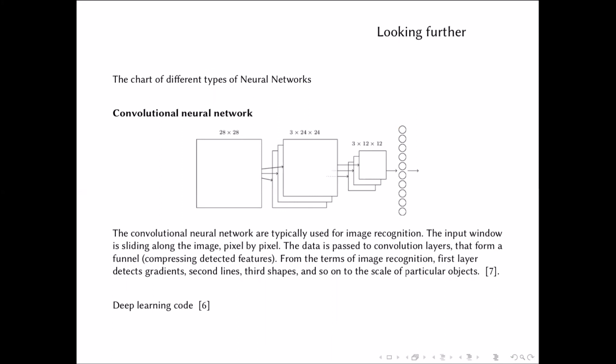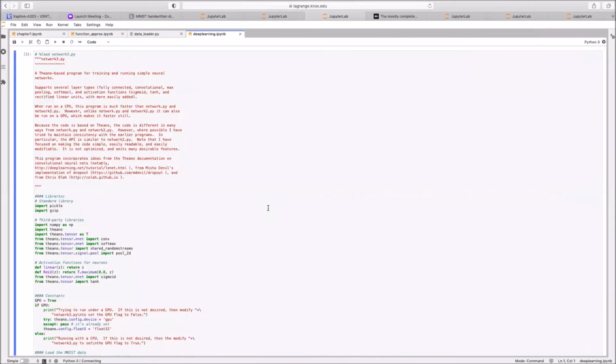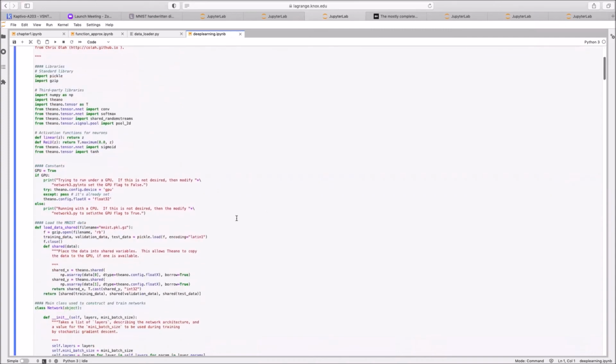So here is the code for the deep learning. It's also provided by the author, but I just want to show how powerful deep learning can be, and how good the accuracy is. Remember our original code had 94% accuracy, and after we improved it, we had 96.5%.